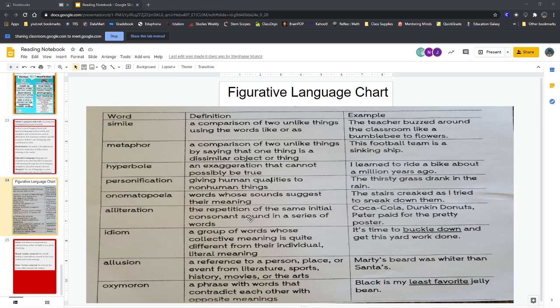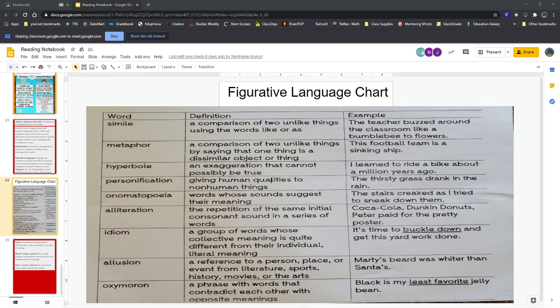So an exaggeration is just when you say something and you make it seem worse than it is, or bigger, or smaller, or brighter than it really is. Hyperbole is when you exaggerate so much that it's not possible. To give us an example, I learned to ride a bike about 1,000,000 years ago.